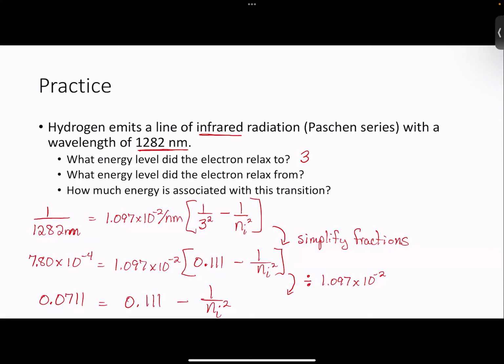The next step is to subtract the 0.111 from both sides. I'm going to flip to the next screen and rewrite this real quick. So I subtract 0.111 from both sides, and you get negative 0.0399 equals negative 1 over n sub i squared.